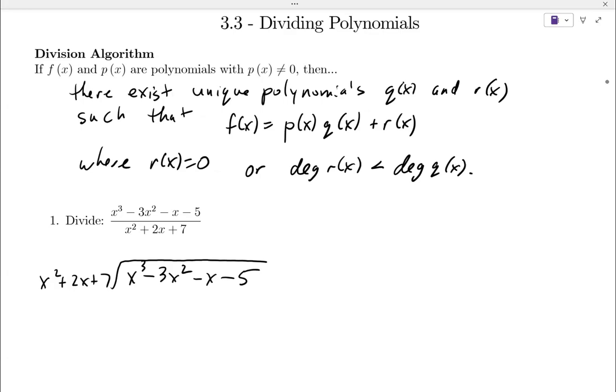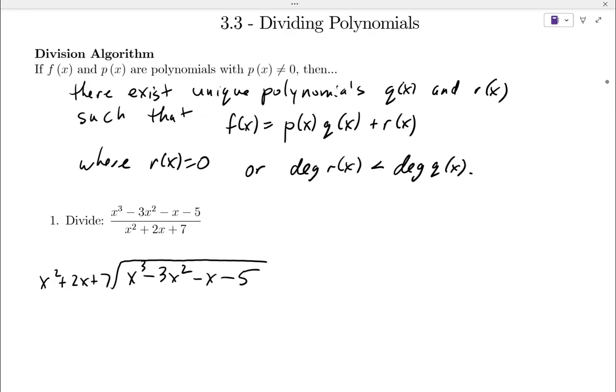In some regards, even though it looks more confusing, I think that dividing polynomials is easier than dividing numbers. And here's why. At any given stage, I only need to look at the leading terms of what I have left.